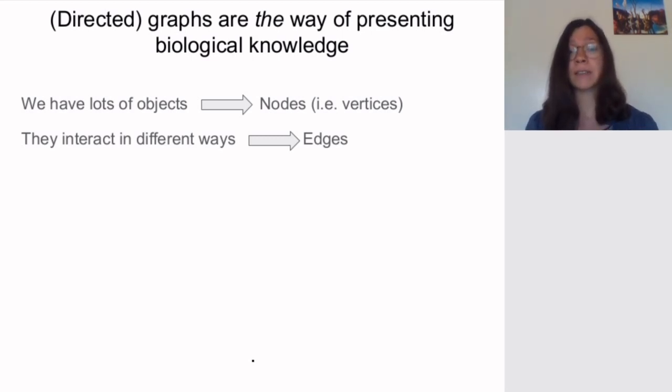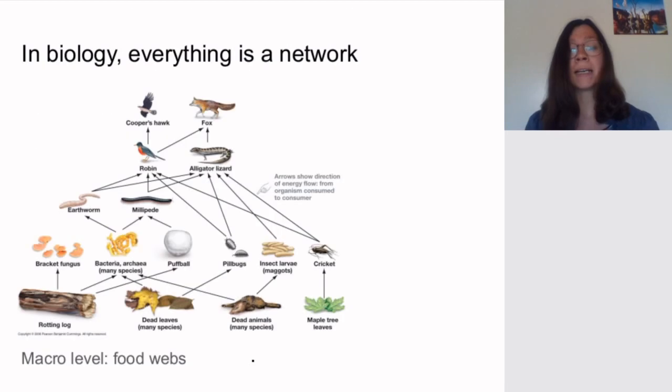This is the case for biological systems in different levels of organization, starting on macro level with interactions between organisms. So this is an example of a food web, something that you might remember from high school biology textbook. And here you show trophic interactions, or interactions of eating each other, between different species within an ecosystem.